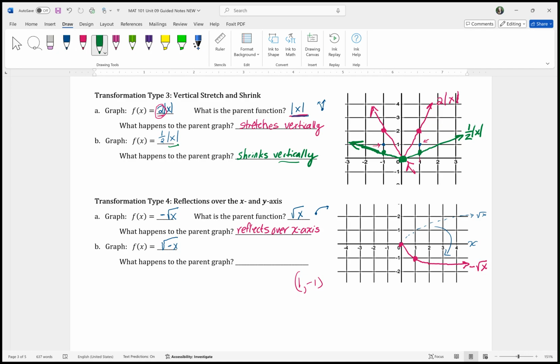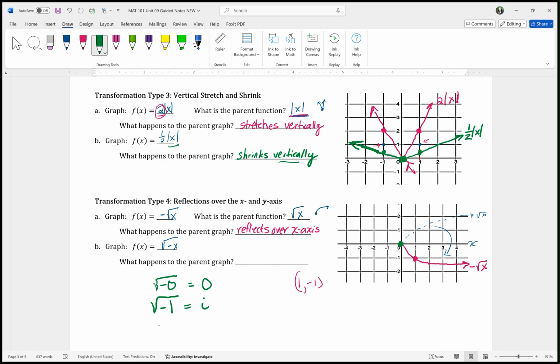If I do the square root of negative 0, that's still going to just be 0. So I've still got this point here. But if I do the square root of negative 1, see if you remember what that is. Do you remember it's i? We're not going to graph that. So we need real numbers here to work with.